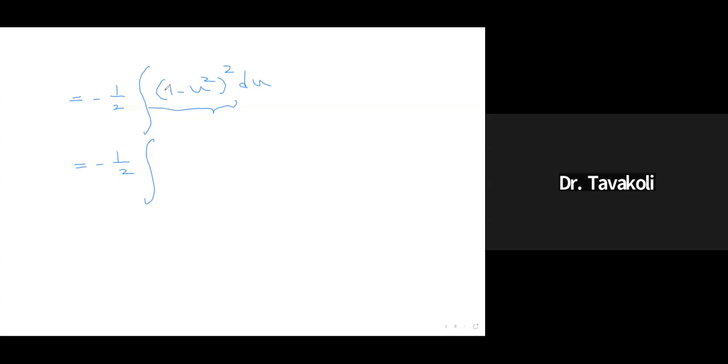You remember that a minus b all squared is a squared minus 2ab plus b squared. If I apply that formula, I'll get 1 squared, which is 1, minus 2 times 1 times u squared, minus 2u squared, plus u squared squared, which is u to the 4.